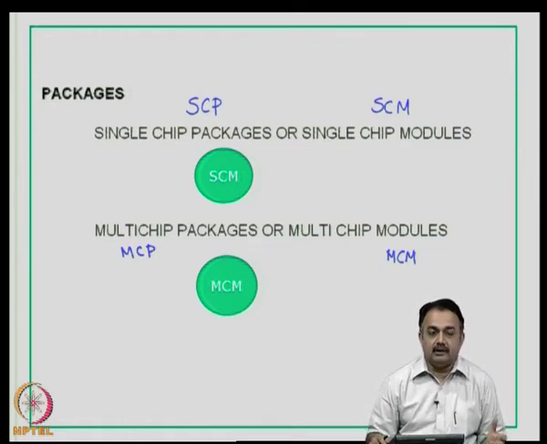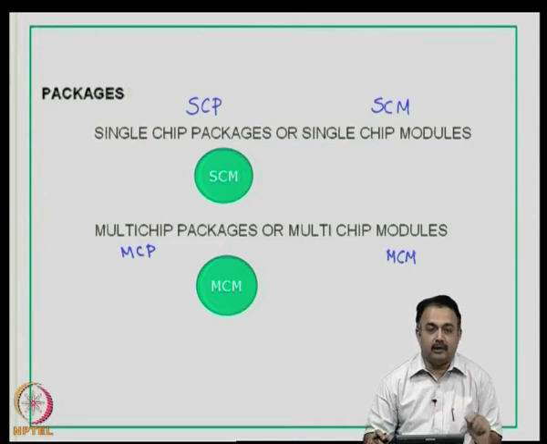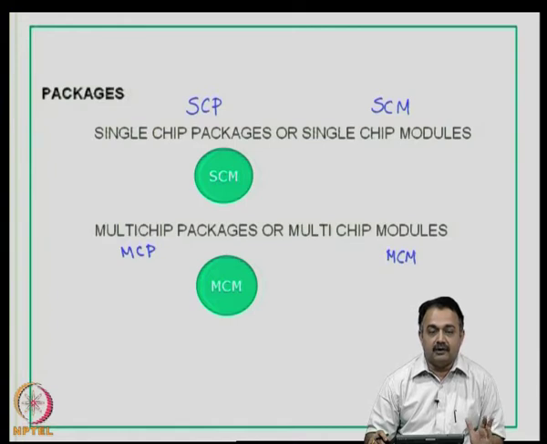as the name indicates, a single chip package will contain one chip or one die interconnected in a suitable format and then packaged. Packaged means it is protected from the external environment and other external factors like temperature, humidity, dust and so on, and including electrical and thermal effects.